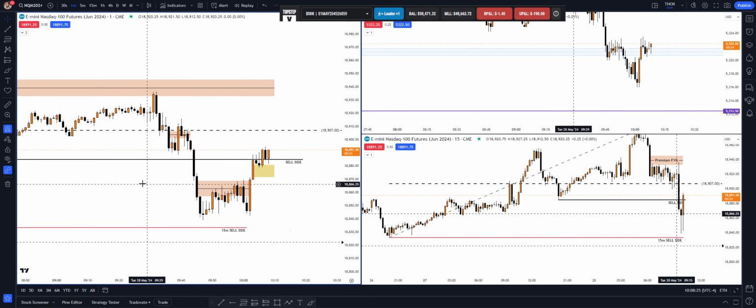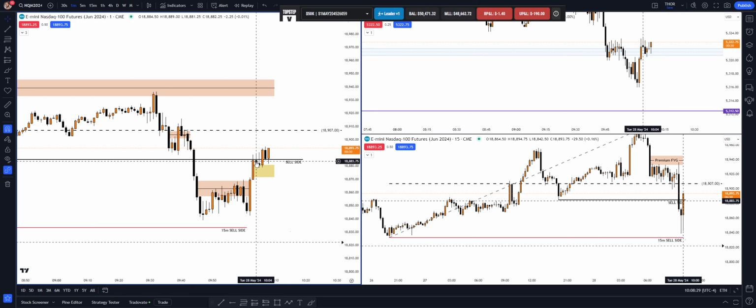The 1 minute order flow is not changing at all right now. So it formed an LB, respecting the LB at the moment.